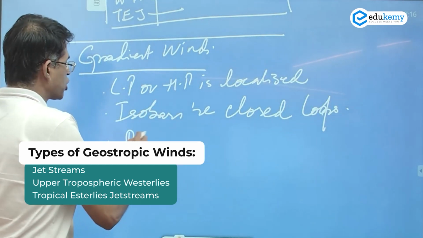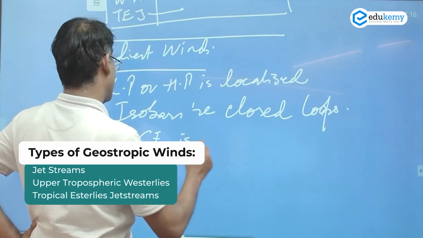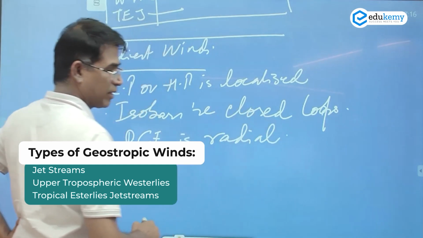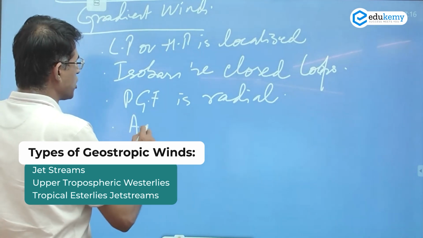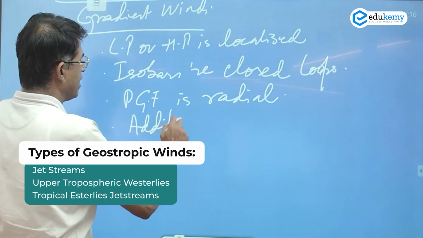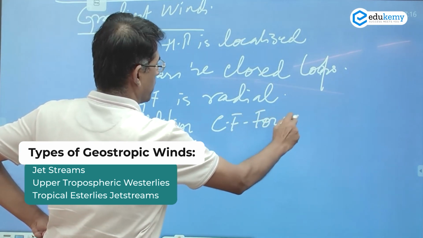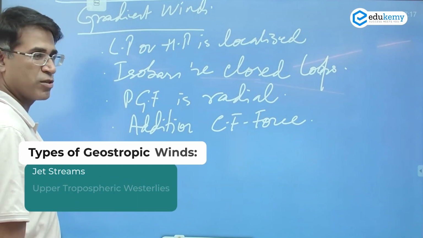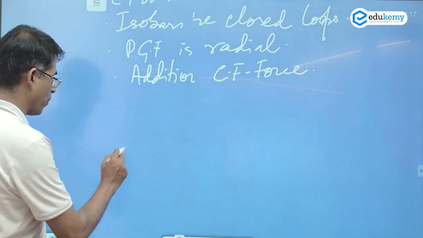Therefore, the pressure gradient force is radial. So what happens in this is there is an additional centrifugal force. There's an additional centrifugal force. So one is there is a low pressure.